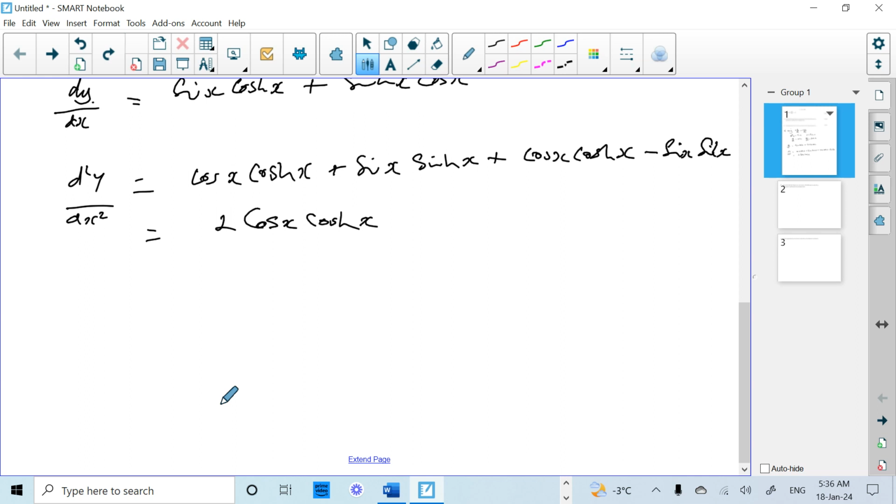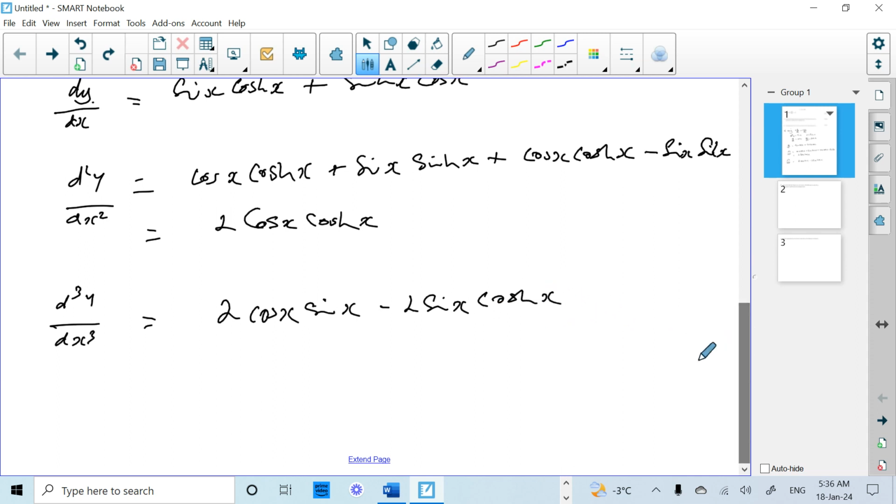Using the product rule again for the third derivative, that will give you 2 cos x sinh x, 2 cos x sinh x, minus 2 sin x cosh x.